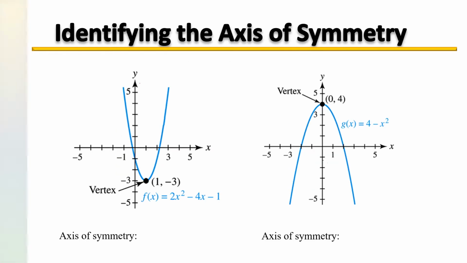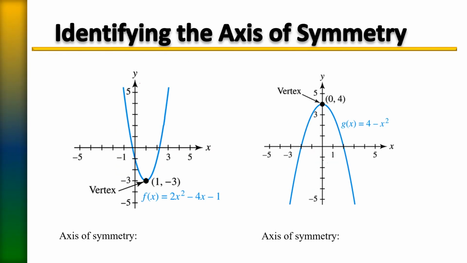When you are asked to identify the axis of symmetry, it is not merely stating a number, but rather stating the equation of the line, the vertical line which passes through the vertex center.